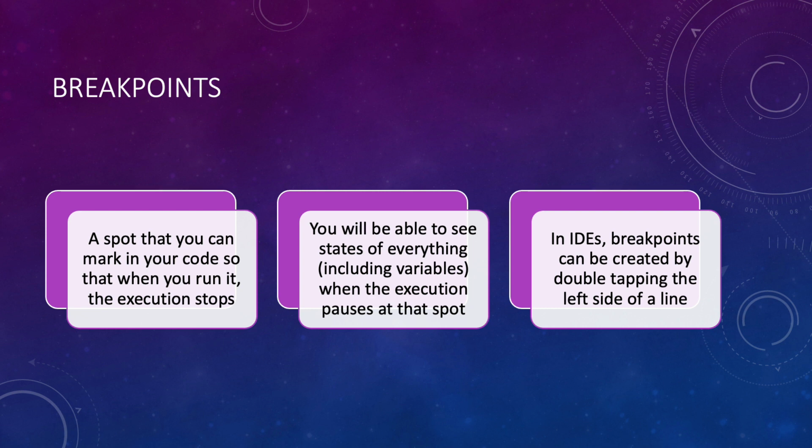While stopped, you will be able to see the states of everything, including variables. In most IDEs, breakpoints can be created by double-clicking on the left margin of a line of code. In GDB, you would type GDB and then the executable name, followed by a new line with the word break, and then the line number you want the breakpoint to be at.